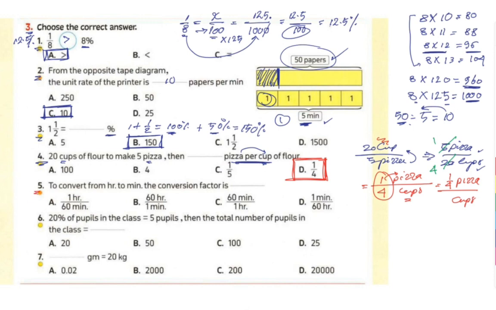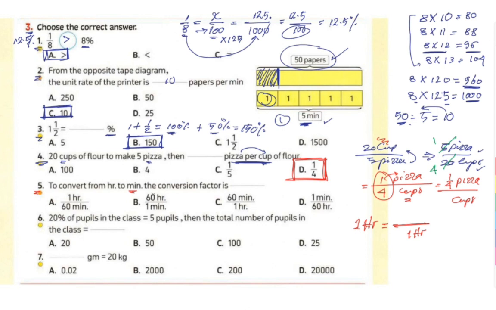Next question, 5. To convert from hour to minute, the conversion factor is, I have 1 hour. I need to make it as minute. What we do? Our first term, make it as second term.